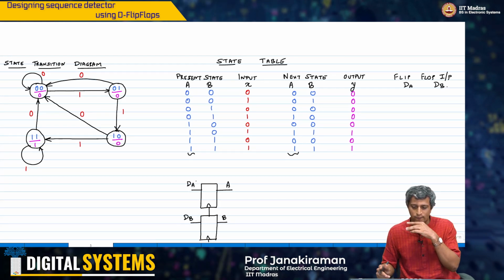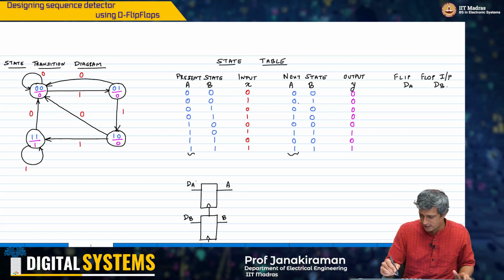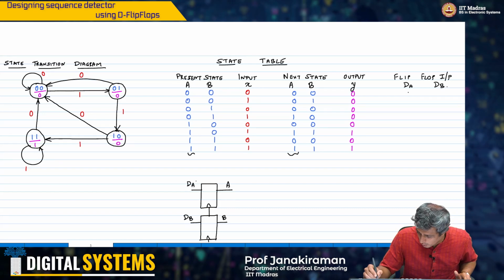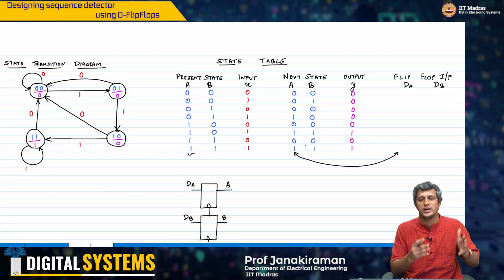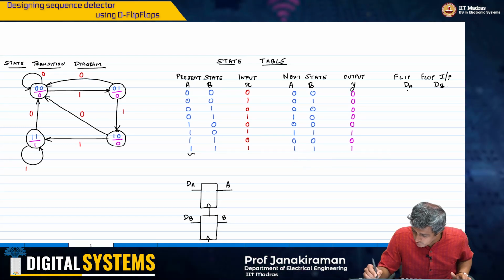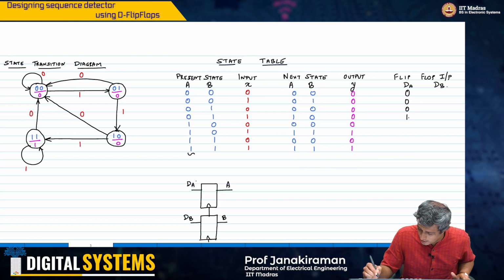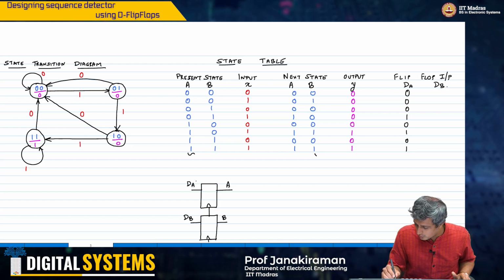That's all I have to worry about. If I want the next state to be a 0 in a D flip-flop, it's very straightforward. I just have to replicate this, because there's really nothing, it's either set or reset in a D flip-flop. So therefore this will just be 0 0 0 1 0 1 0 1. For DB again, I'm just going to reproduce this here, right?